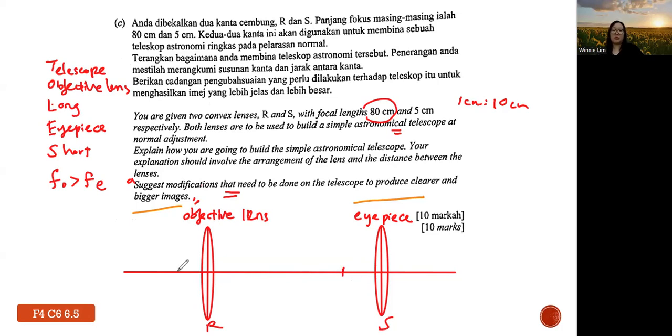So for information, the focal point of the objective lens and the eyepiece are exactly at the same point. Okay, so if you always know the teacher's idea about lenses, you can always push through.